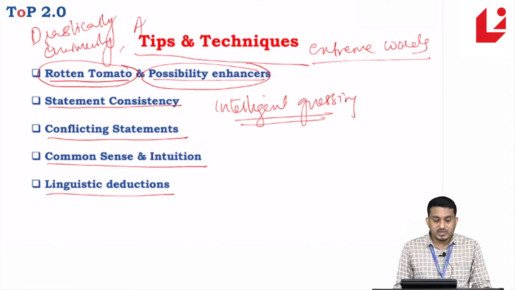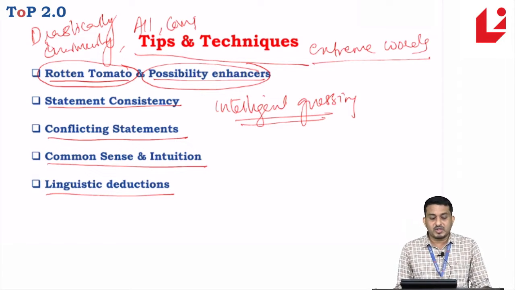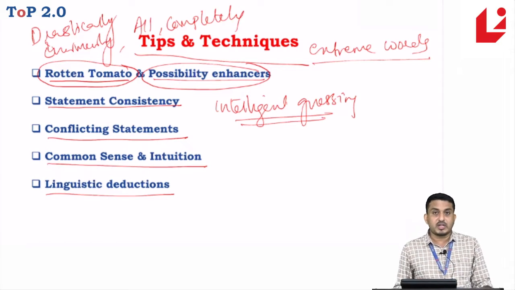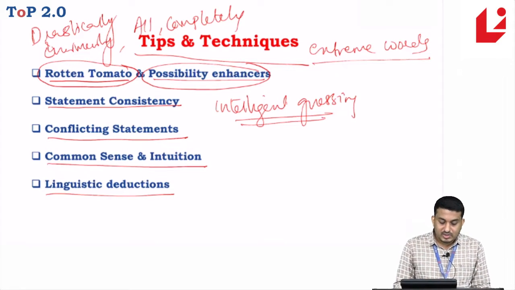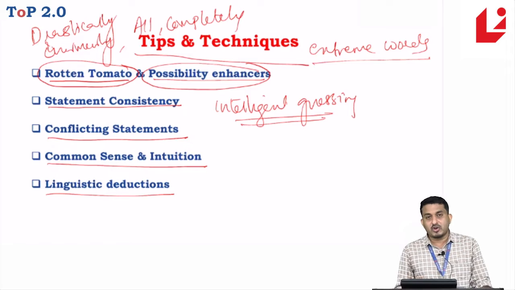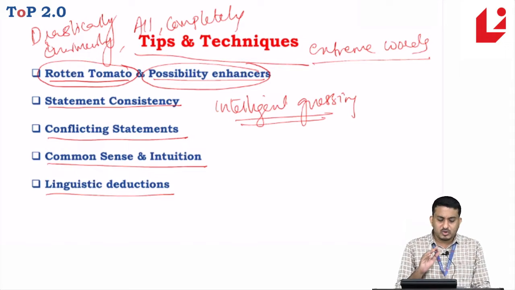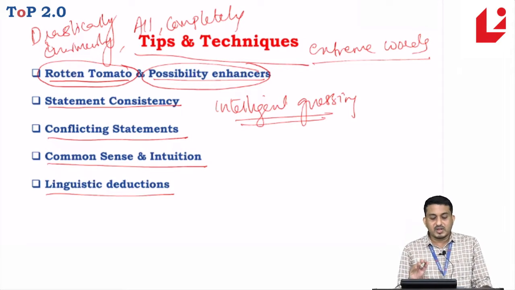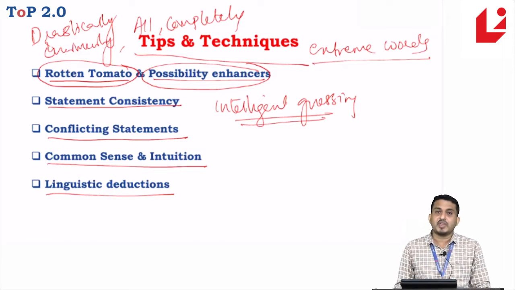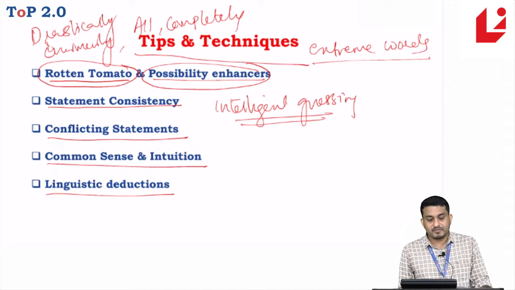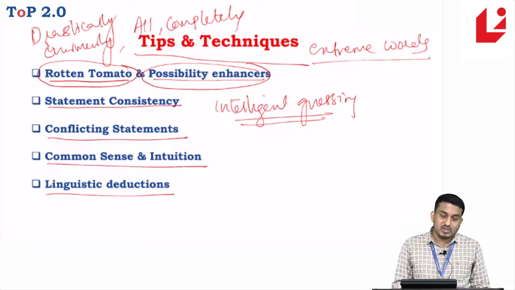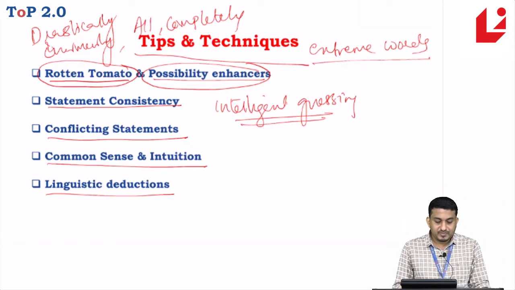These are the words usually used to make a statement completely wrong, incorrect in every possible way. Such words are called rotten tomato.